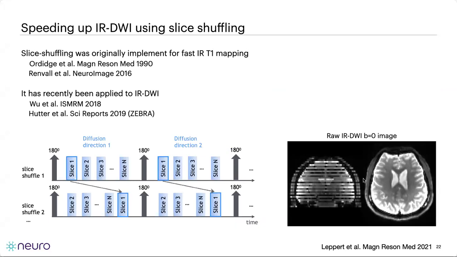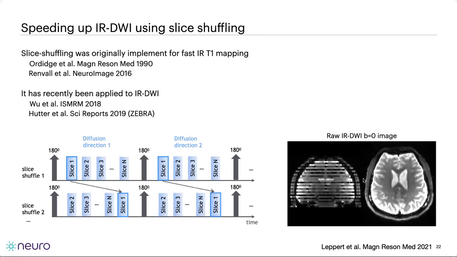accelerate the scan. So we did this by using a technique called slice shuffling. So instead of repeating the inversion recovery experiment each time, what we do is we have an inversion time, and then we acquire all of the slices back to back. So every slice here will see a different inversion time, right?